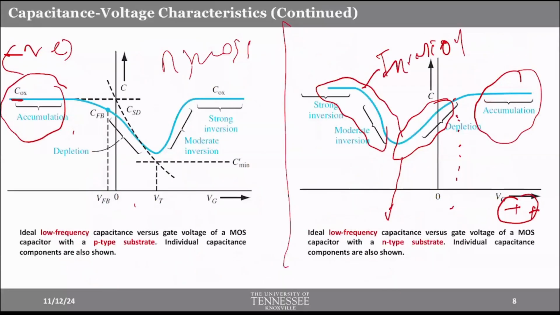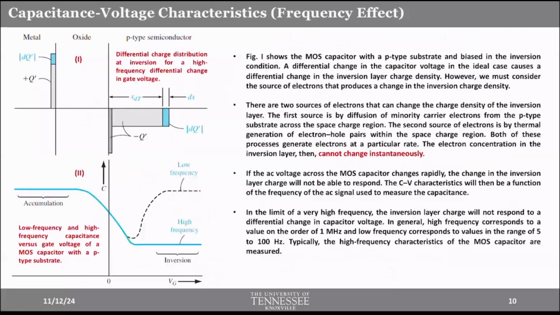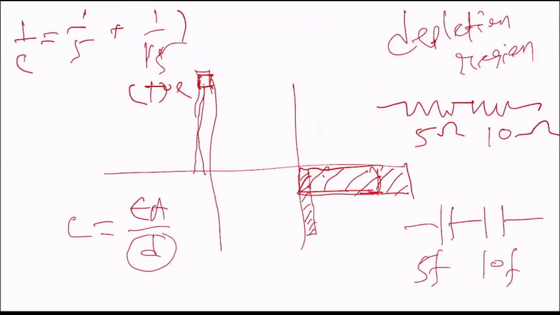Now, as I have discussed, how do we typically measure these capacitance and voltage characteristics? We actually measure the change of charge by the change of voltage. This particular graph, I will now discuss how we actually measure.